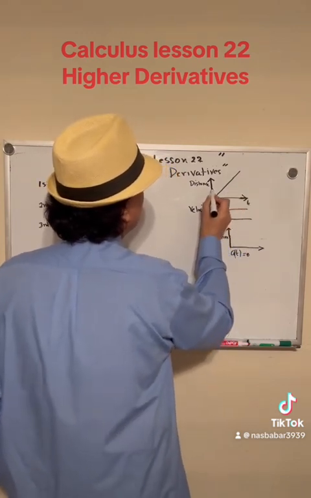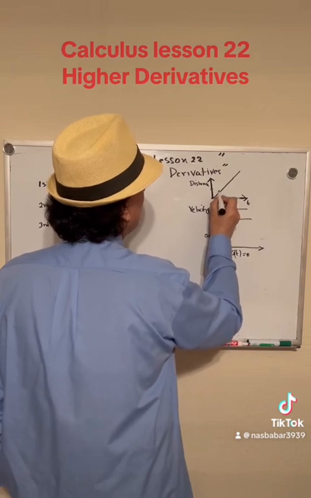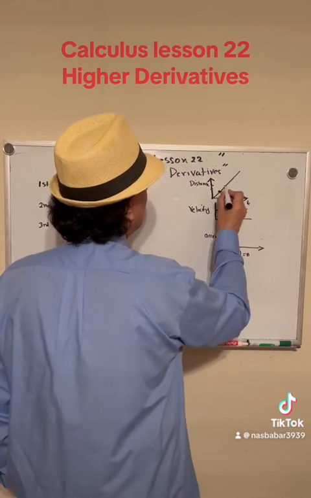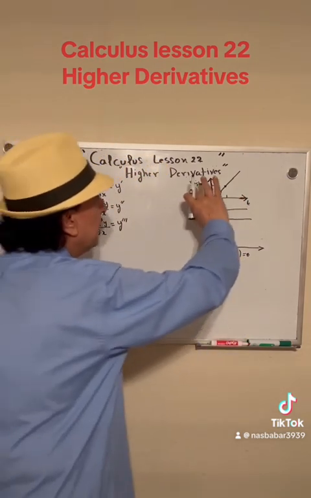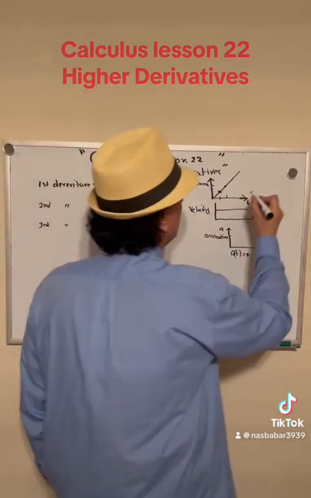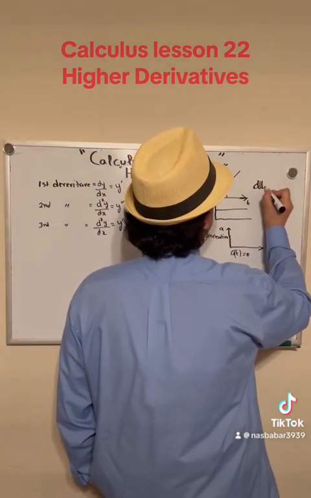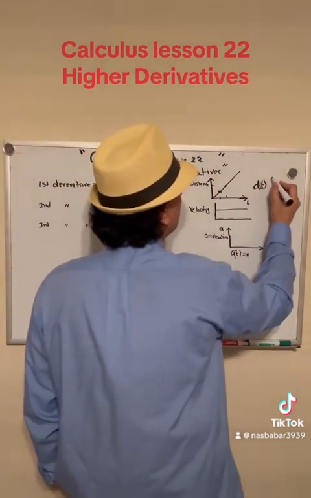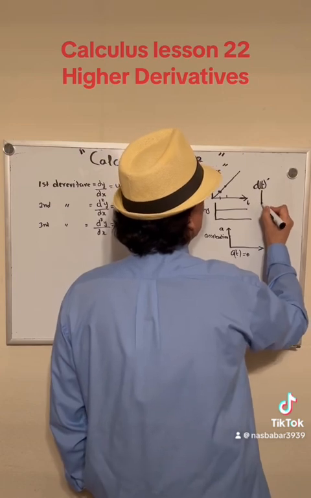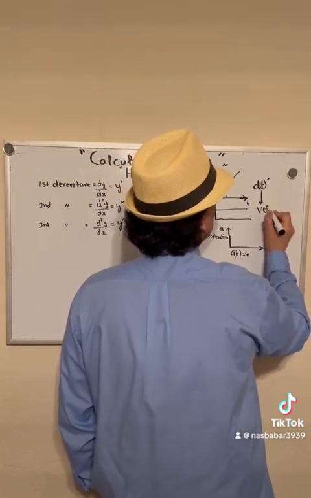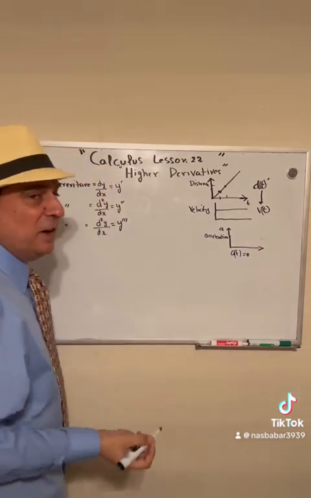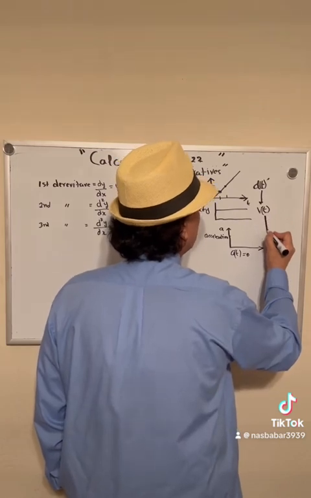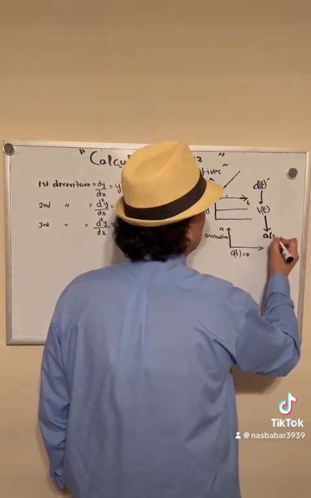Let's say at this distance and this time, I'm right here. Then I increase my distance, increase my time, I'm right here. If I take the derivative of distance with respect to t, I get velocity. So I'm taking the first derivative and I get velocity. And then if I take the derivative again of velocity, I get acceleration.